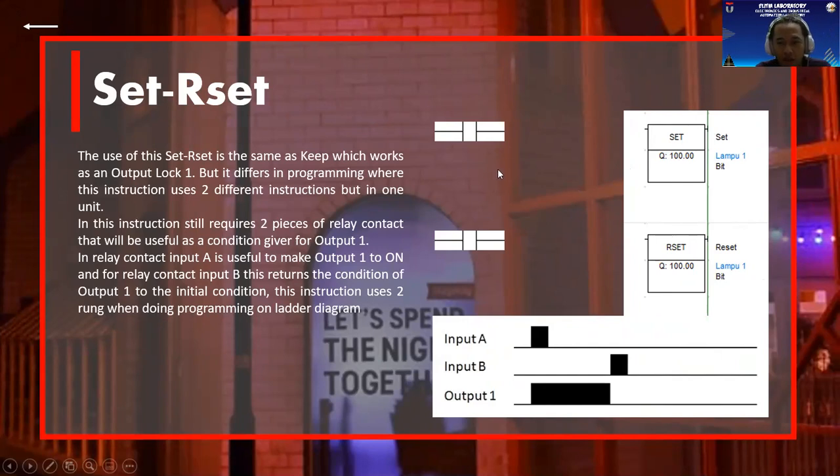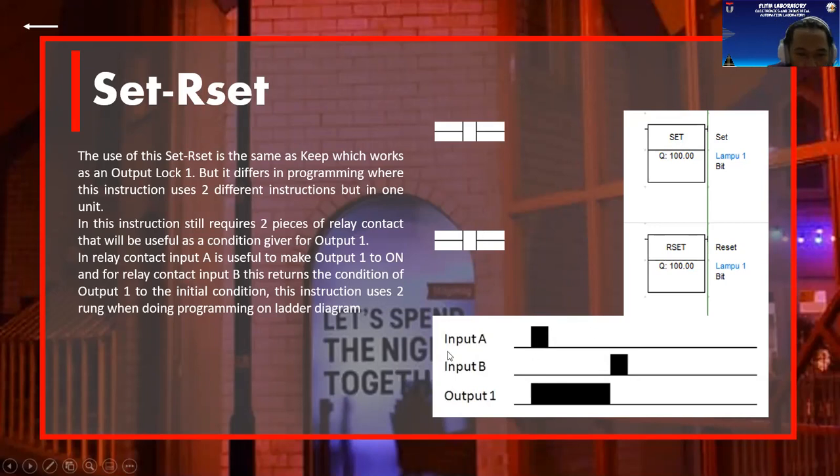So what is the advantage of set reset over keep? Set reset instruction can use many more inputs, so it's better than keep, because this can be easier to analyze and troubleshoot if we have an error when we start the program.